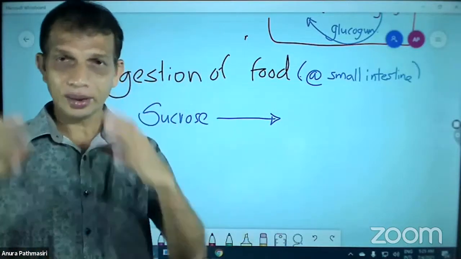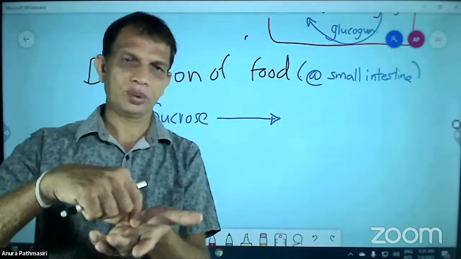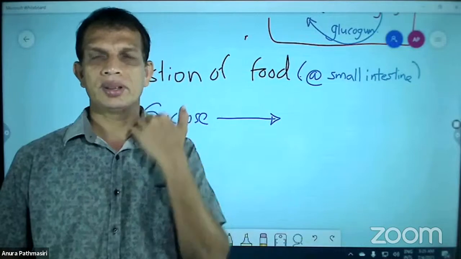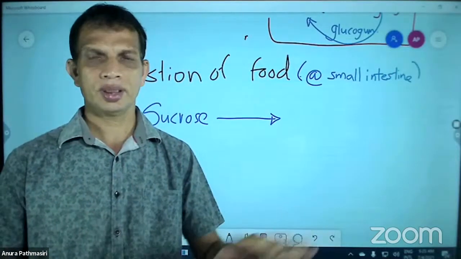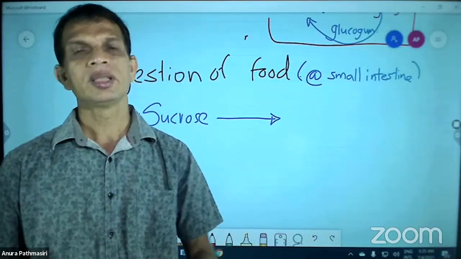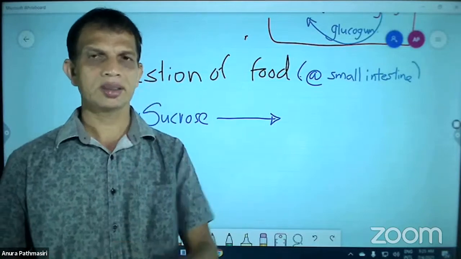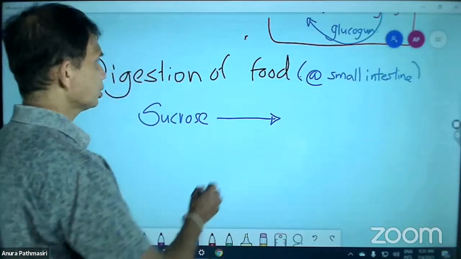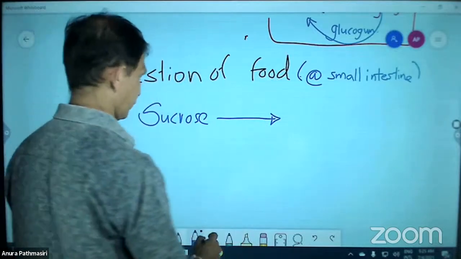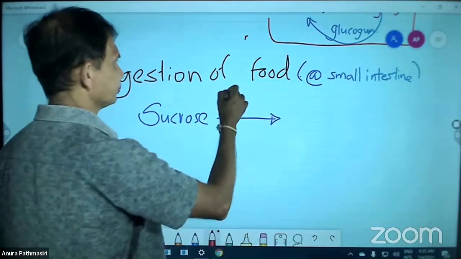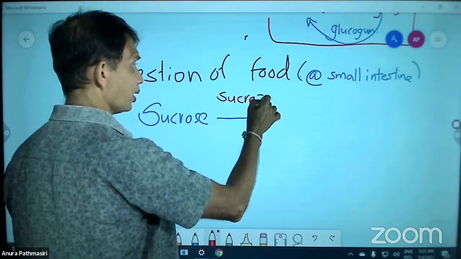In our body, that sucrose, we take a cup of tea, for example, and it has the sugar, the sucrose. When I drink that, it goes to the stomach with no digestion and is sent to the duodenum, right? The sucrose digestion is done by which enzyme? Sucrase.